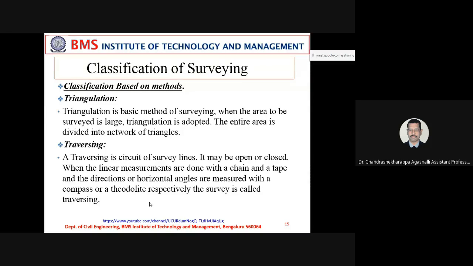While traversing, by tape or chain, you will get the distance and elevation. It is not completely flat. This is undulating topography, so you need the angles. For the horizontal angles, you can measure with your compass, right? This is how we do the traversing survey.